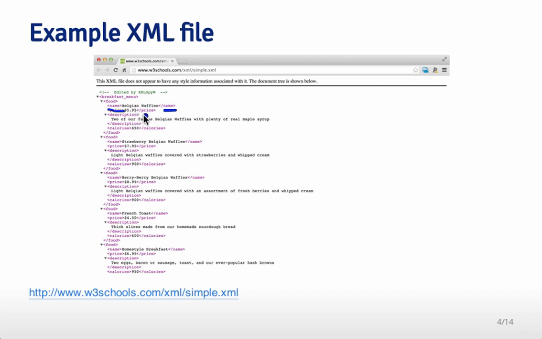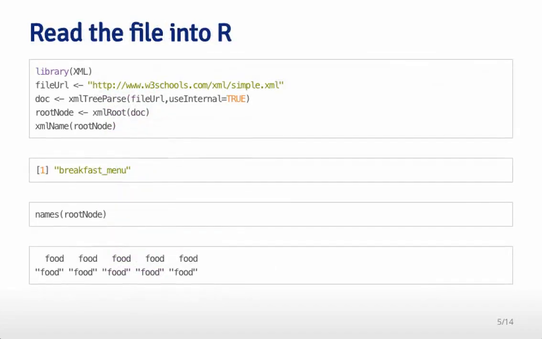This particular element is named Belgian waffles, so delicious. And then there are other tags that correspond to the other components of this particular food element. And then you go down and there's another food element with another name and so forth. So that's what an XML file looks like, and I encourage you to go look at the bigger version of that when you go to that web link.